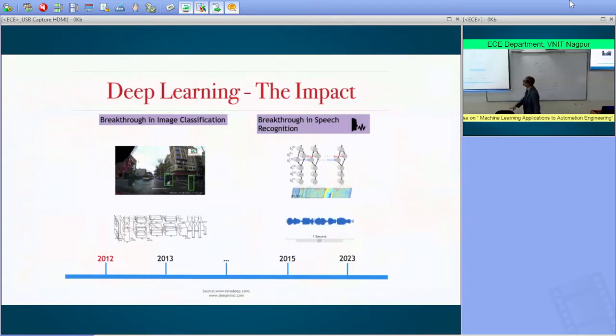On the left-hand side, you see image classification. There's a video. The algorithm there, convolutional neural networks, is able to identify different objects in the video. And that, I believe, happened sometime around 2012, 2013.